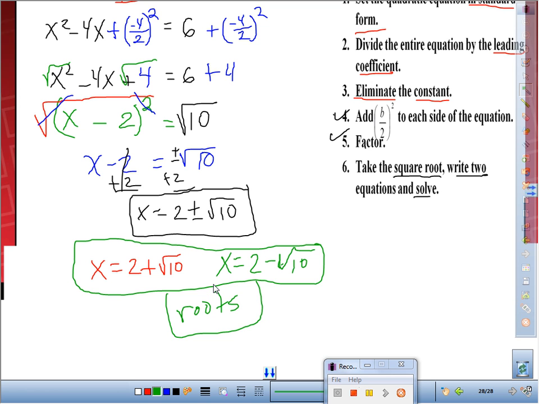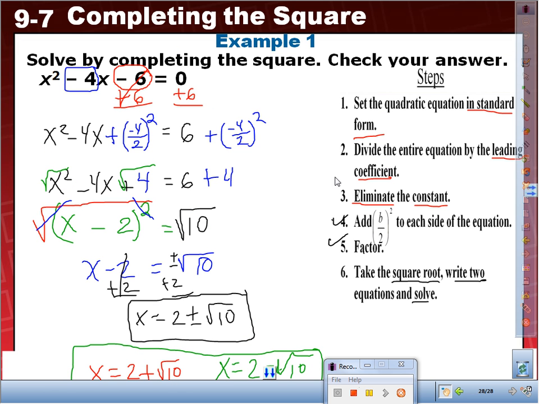Pretty lengthy, yes? Okay. All right, so once again, here goes the entire process. Step 1, standard form, yes. Step 2, divide the entire equation by leading coefficient, which was 1. We're done. Step 3, eliminate the constant. Here we go. I added 6 to each side. Step 4, add b over 2 squared to each side of the equation, which I had forgotten, but there it is.